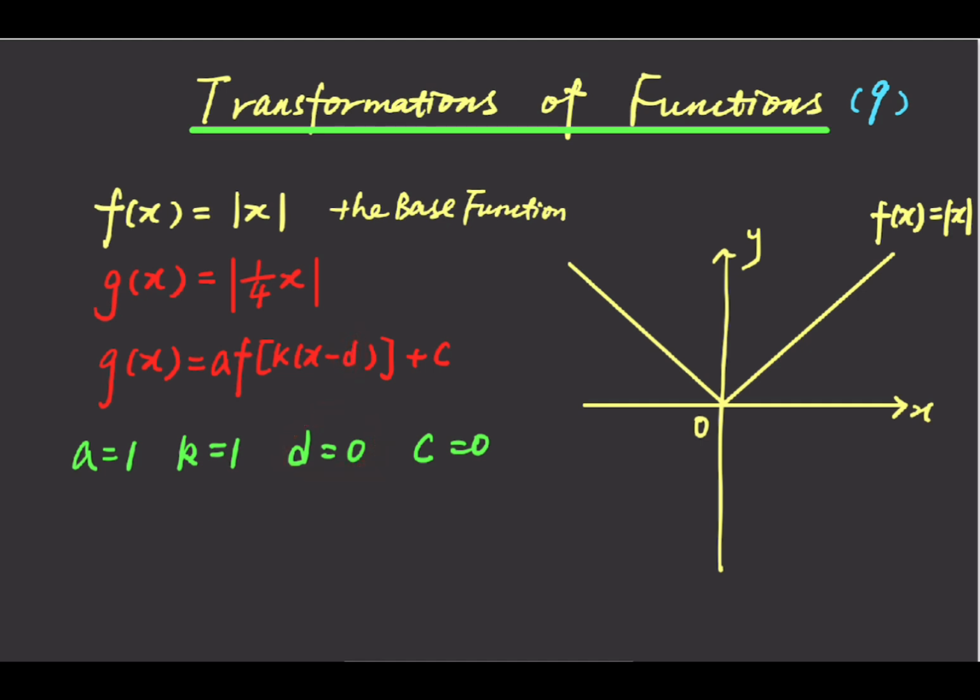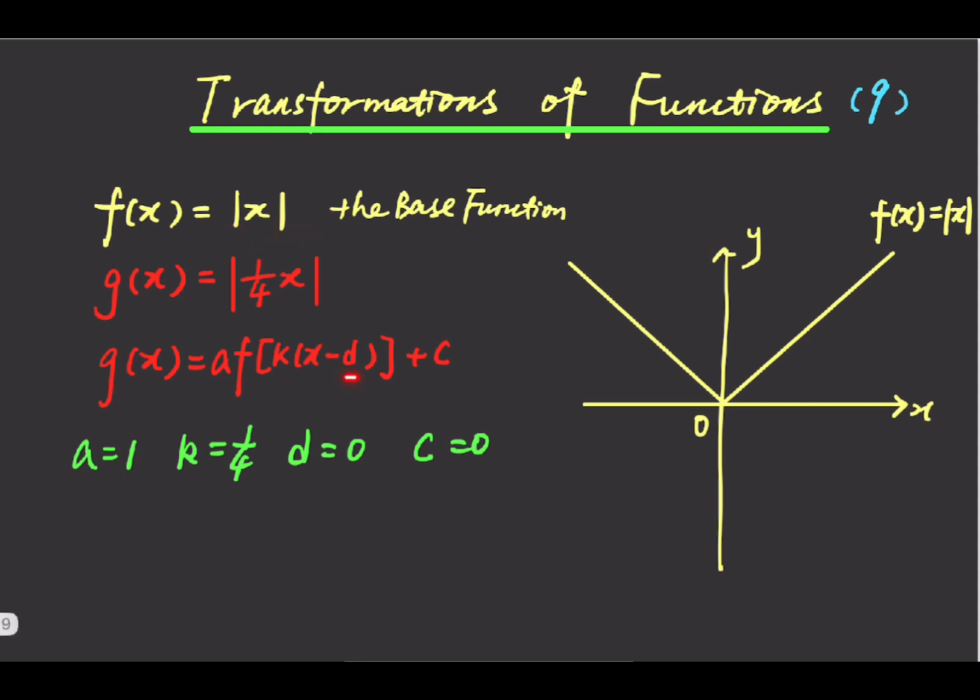Now, we need to do transformations according to these parameters. A is 1. Sorry, k is not 1. It is 1 over 4. d is 0, c is 0. d represents translation in the horizontal direction of the base function.